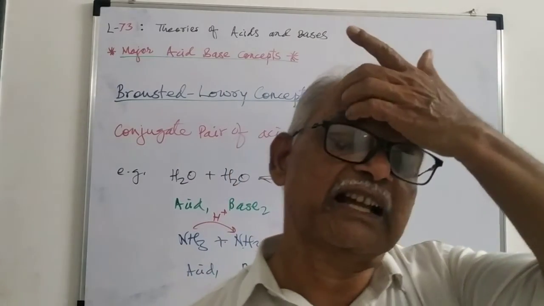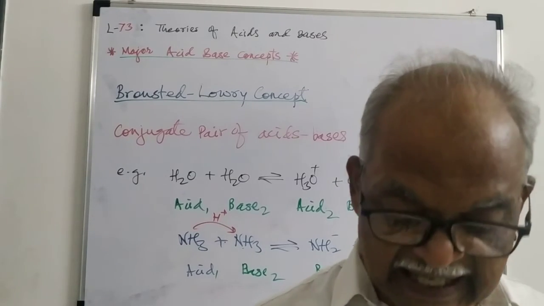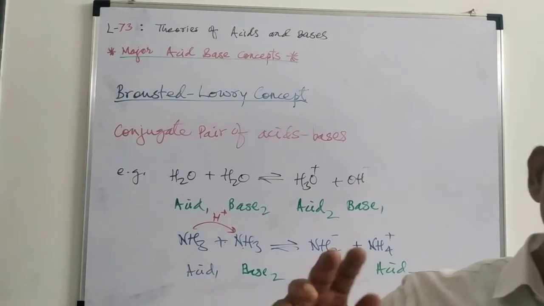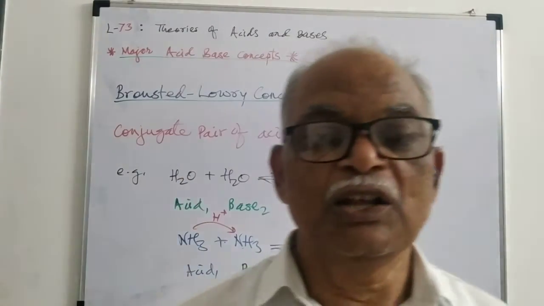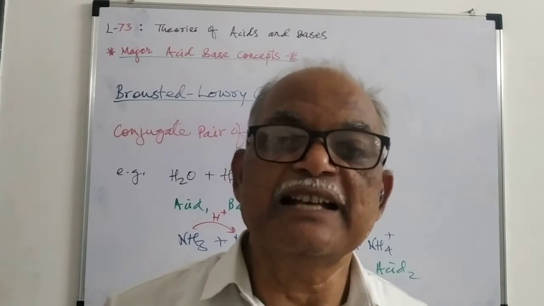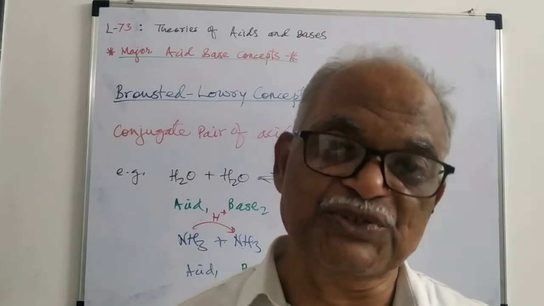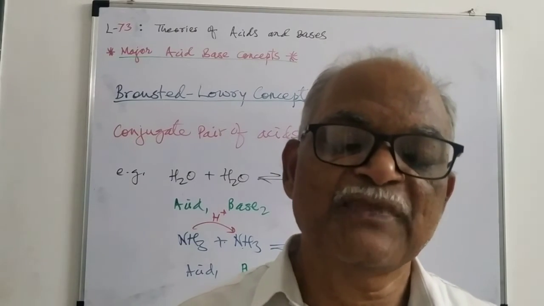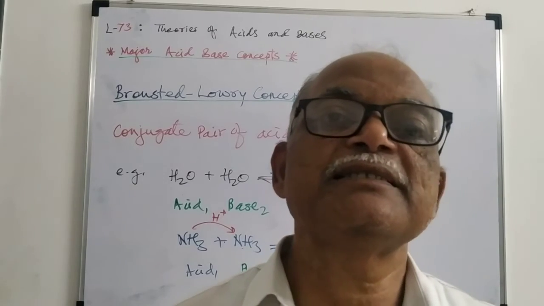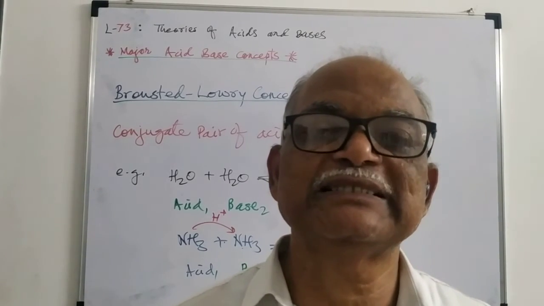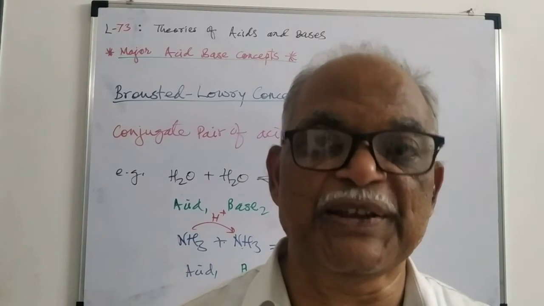Further, this theory can also explain the enhancement of the strength of acids and bases. If acetic acid is added to water, it behaves like a weak acid. But when this acetic acid is added to another, non-aqueous solvent, it behaves like a stronger acid.